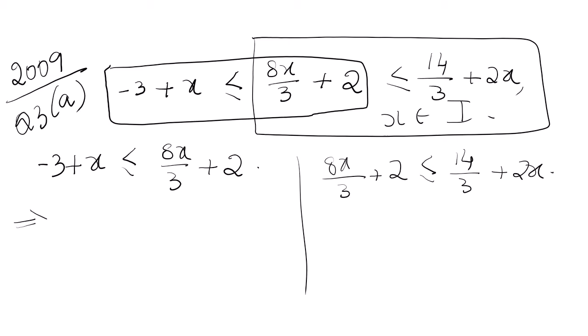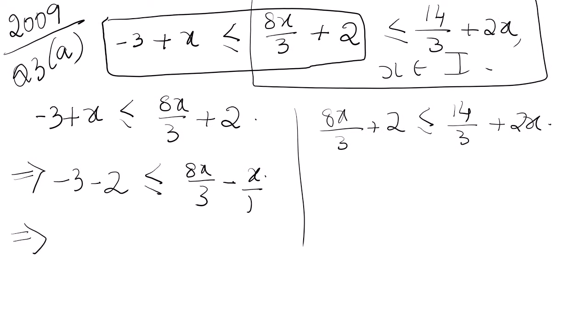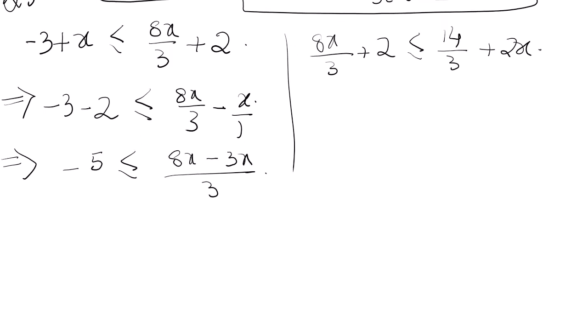So this implies you are sending minus 3 that side and bringing 8x upon 3 this side, or you can send x this side and bring that also. So let us do that. Minus 3, and bring plus 2 here, so it will become minus 2 less than or equal to 8x upon 3, bring x this side. So this implies minus 3 and minus 2 becomes minus 5 is less than or equal to 8x minus 3x upon 3.